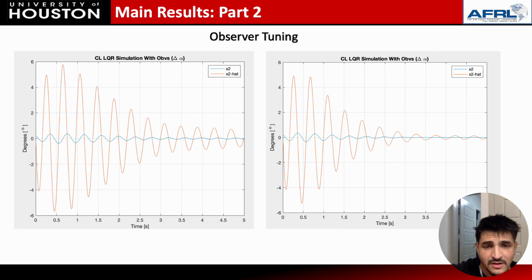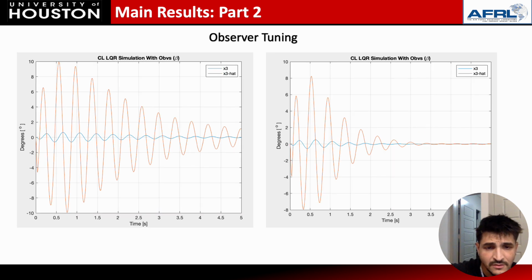So the same trend for the delta alpha can be seen where on the left, without any observer tuning, you can see how many oscillations occur and it doesn't go to steady state, whereas when we tune the system, again as before, the delta alpha has a little bit of overshoot, but then goes to steady state again at around 3 seconds to 3.5 seconds.